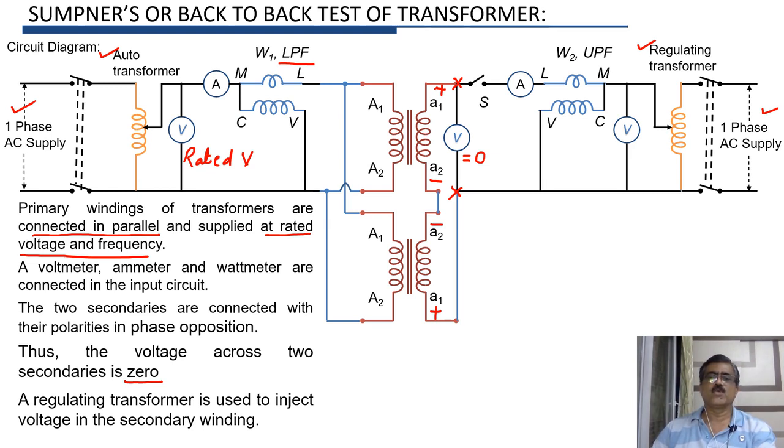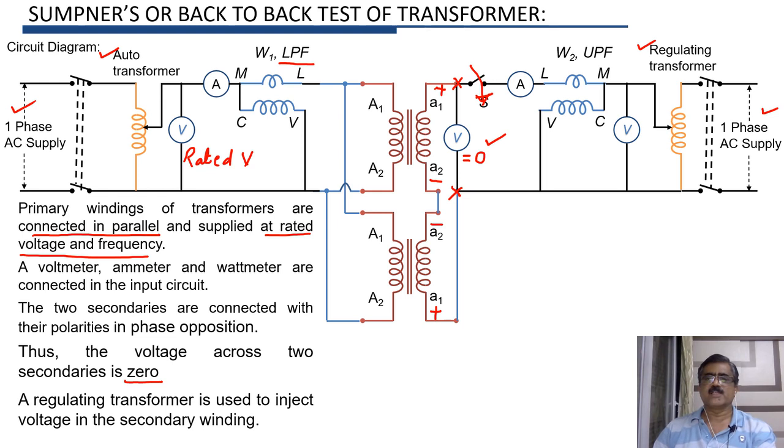Now you can close this switch S only if the voltmeter reading is equal to 0. If voltmeter reading is not equal to 0, the meaning is your connections are wrong. In that case, you cannot close the switch S, because if the connections are wrong, it will result in dead short circuit, and therefore you cannot close the switch S if the voltmeter reading is not equal to 0.